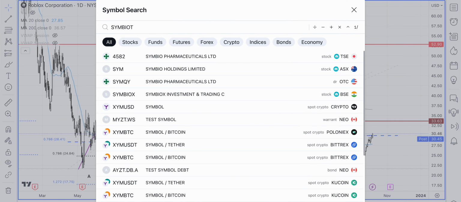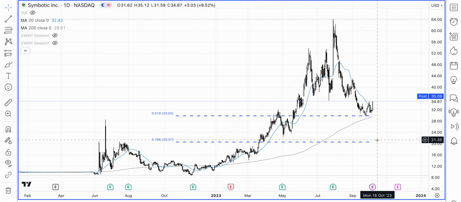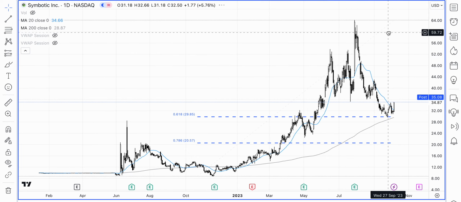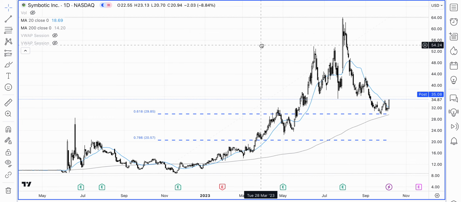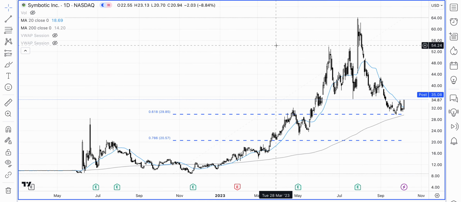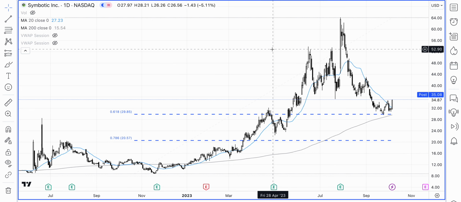Symbiotic. Okay, so this is another stock that we have started to recently follow. This stock is related to artificial intelligence, and as we know, artificial intelligence is a key hot topic these days. Also, it's quite revolutionary based on what is happening in artificial intelligence.